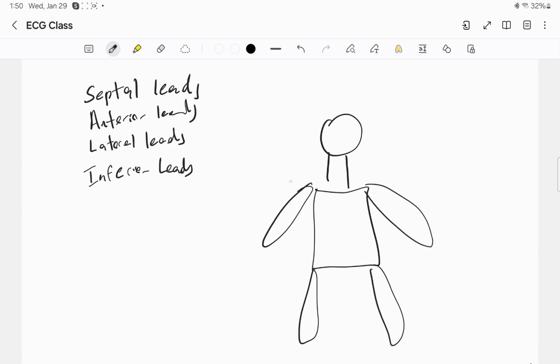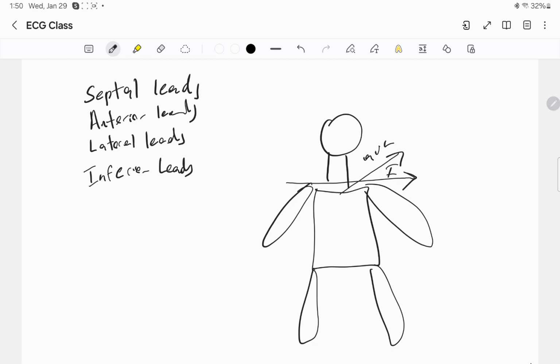So Ralph will have lead 1 there, lead AVL. Anything that is to the left is lateral. Just like the diagram I just drew, V5 and V6 are most leftward, so they are lateral. So AVL and lead 1 will be lateral.